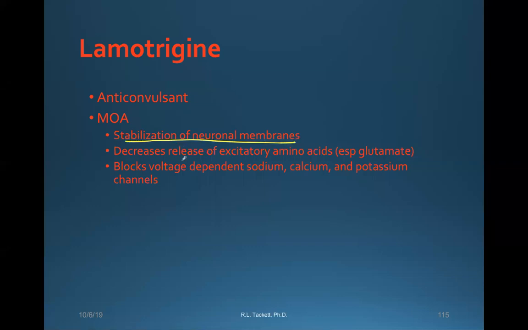We also see that it decreases the excitatory amino acids. Most of these are associated with this anticonvulsant action, but you could see how these effects could also be effective in depression. And then it can also block sodium, calcium, and potassium channels.